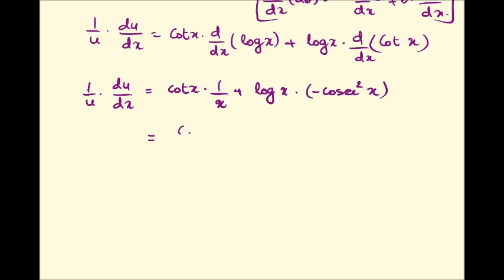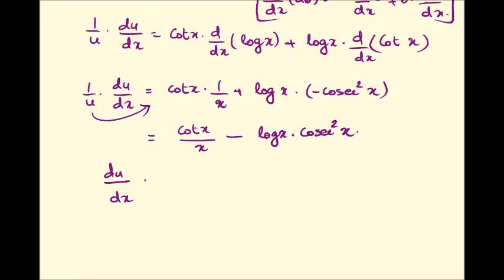So we can write cot x divided by x plus, minus, this minus comes here, log x into cosec square x. Hence we can write du by dx, we can change this to here, that's u into cot x by x minus log x into cosec square x.